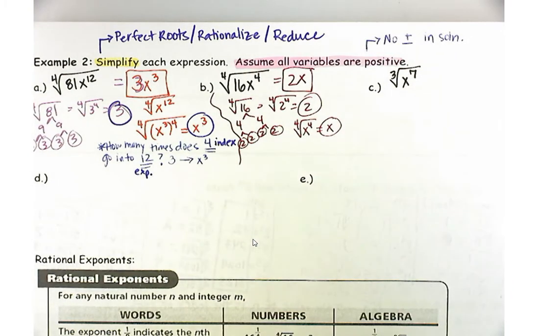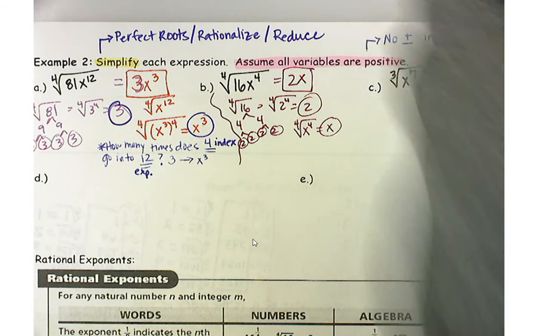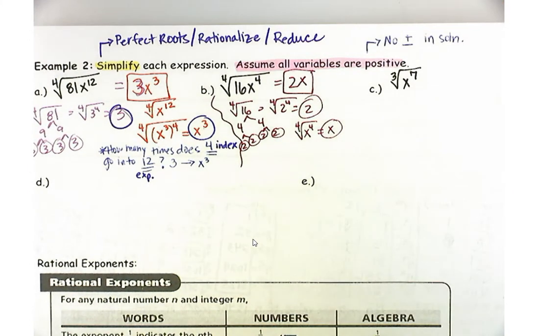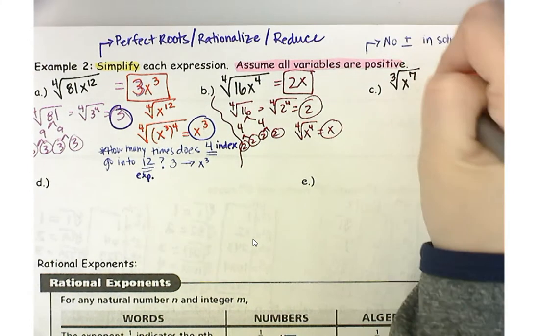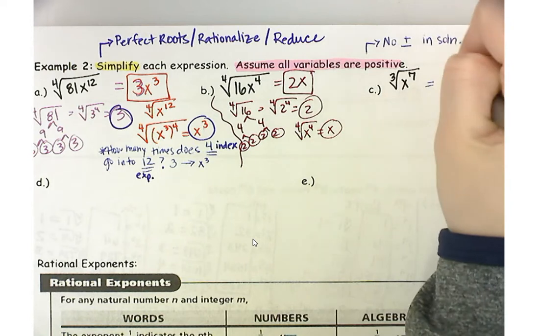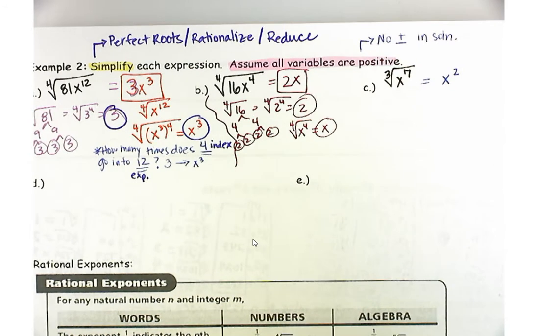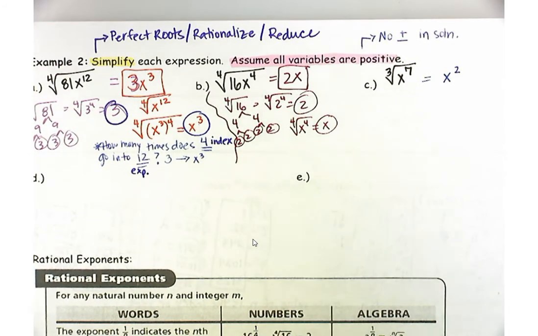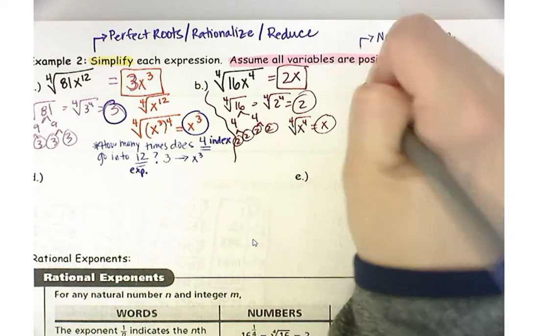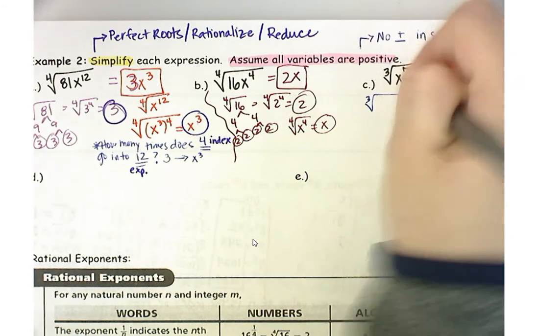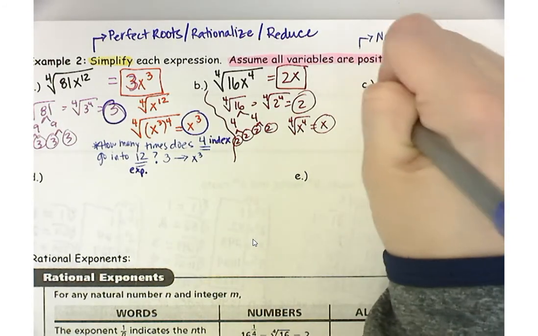Okay, so when you're splitting these up, the cube root of x cubed times the cube root of x cubed, those cancel. That's where you get the x times x. But the cube root of x, you can't simplify that. So you're going to have to leave it as x squared times the cube root of x. This would be your final answer.